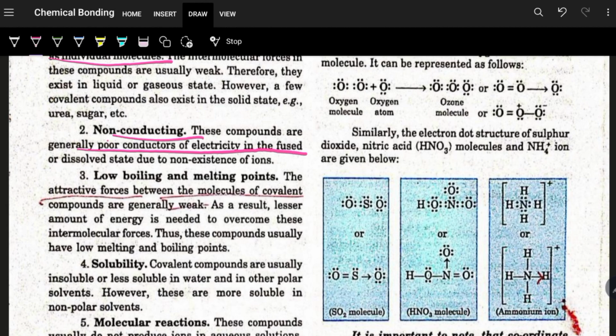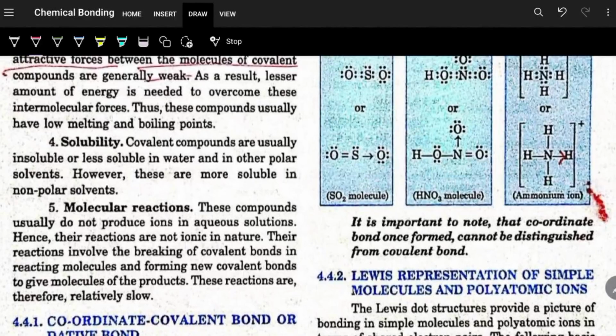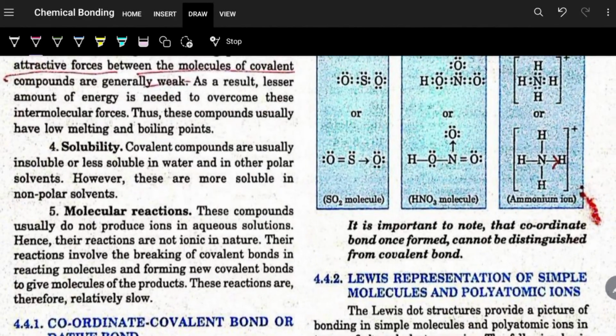Ionic compounds were good conductors because of the presence of ions. And here it is a poor conductor of electricity in fused or molten state, or also maybe in aqueous state. Low boiling point and melting point, that is for covalent compounds, because the interactions are weak. Whereas ionic compounds have high melting point and boiling point because the interaction is a strong electrostatic interaction.